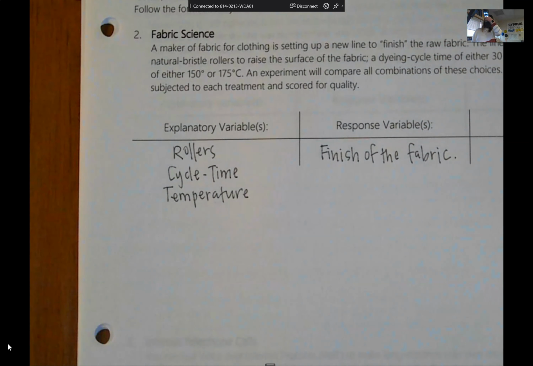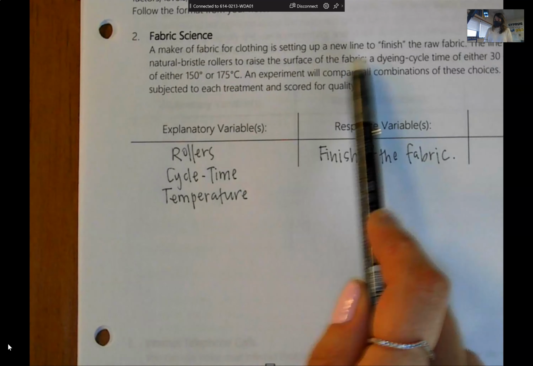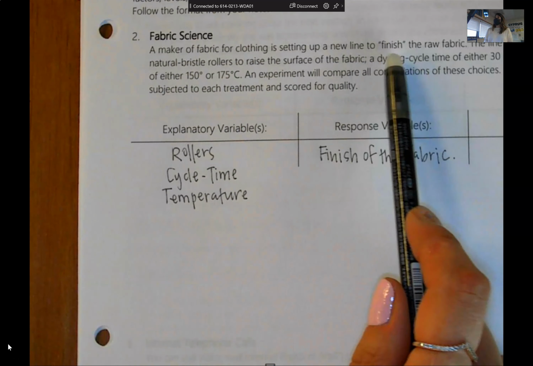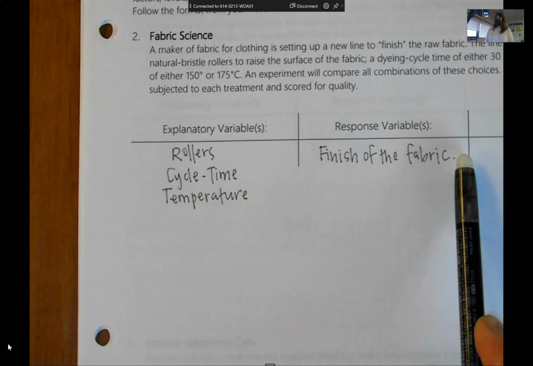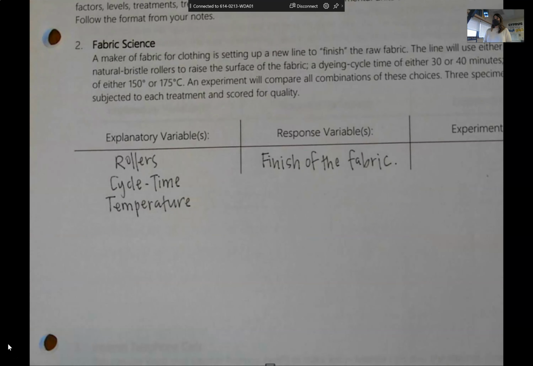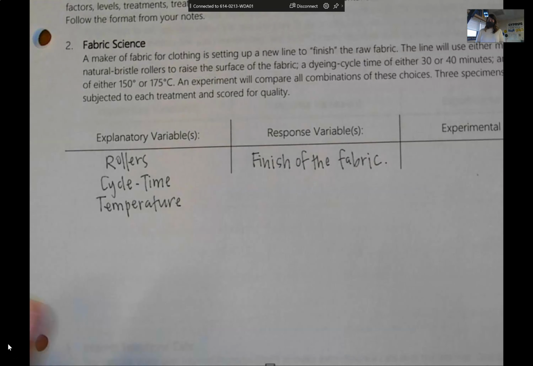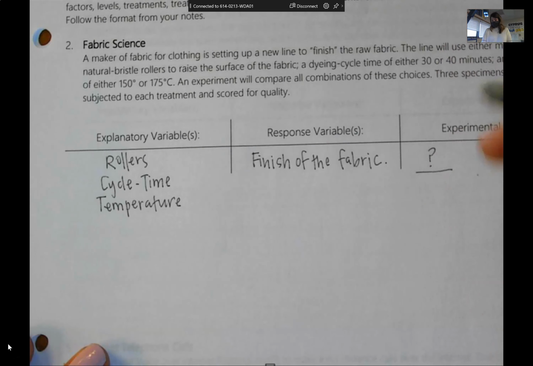So at the very beginning, it says a maker of fabric for clothing is setting up a new line to finish the raw fabric. So what we're checking the quality of is the finish of the fabric. And then lastly, our experimental units, I don't know.